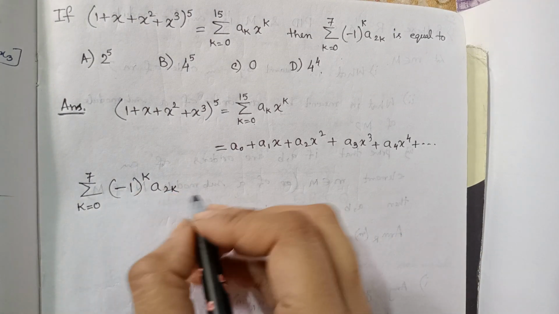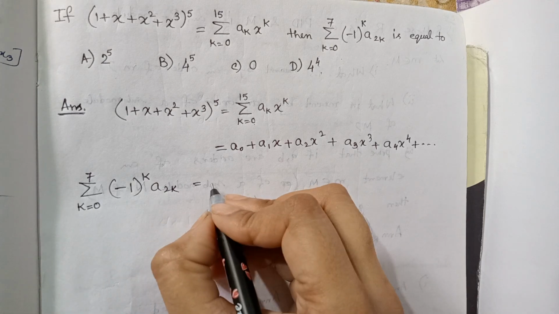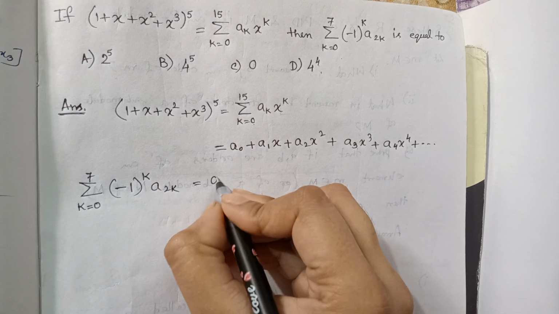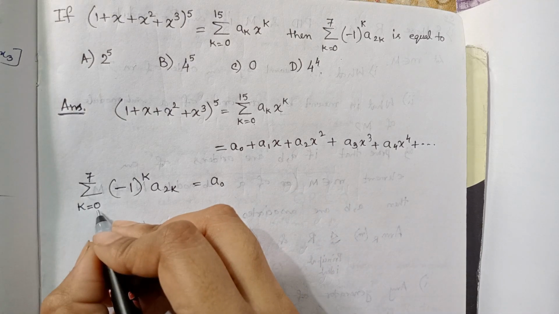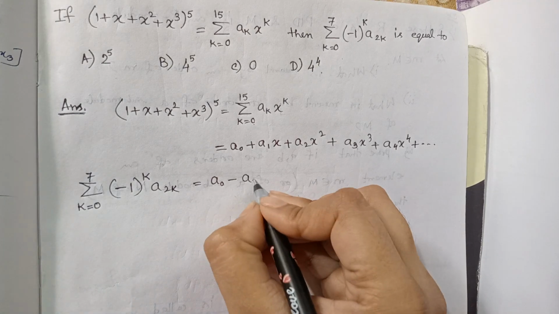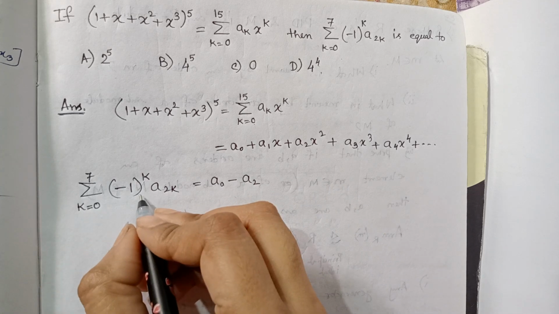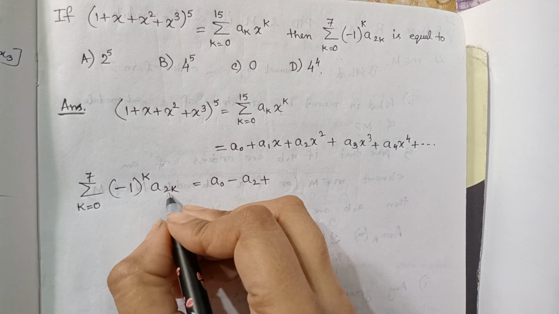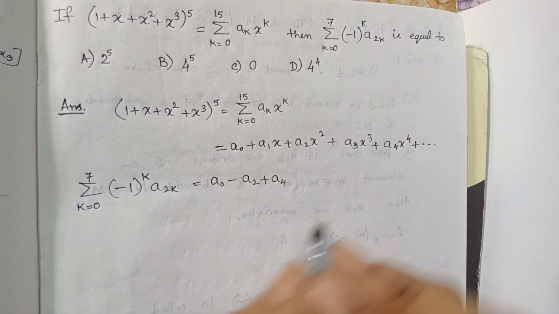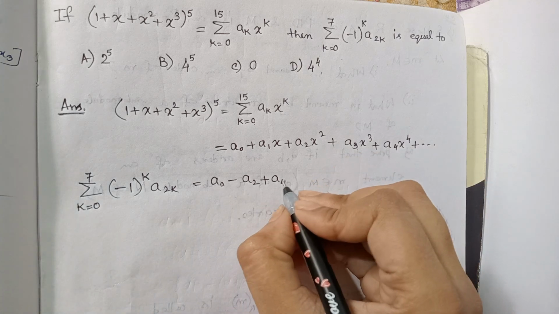Now again, if we simplify this part and put the value of k, the first value is 0, so (-1)^0 is 1, and a0. For k equal to 1, (-1)^1 will be minus 1, and it is a2. Then for k equal to 2, we get plus 1, and here 2 is 4. Then for 3, 6, for 4, 8. So that is the multiple of 2 we will get, and the sign will be alternately plus minus like this.